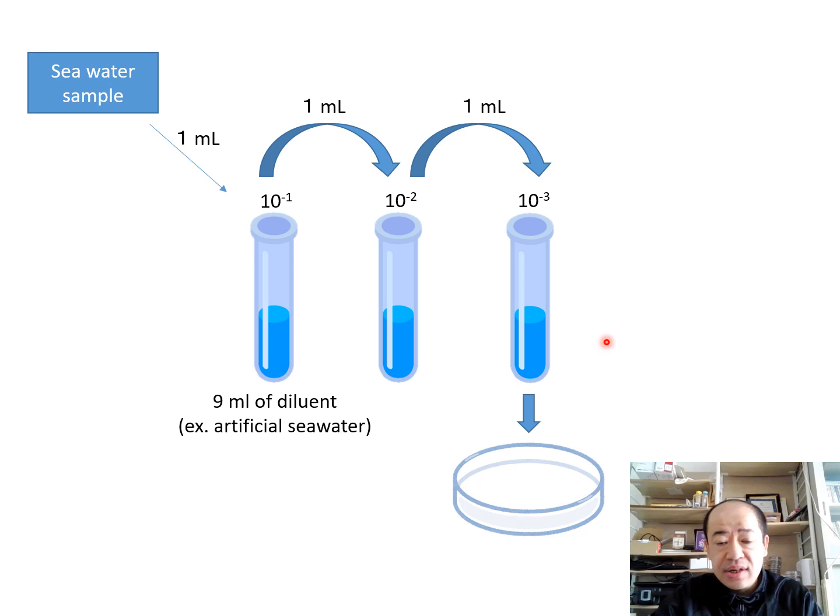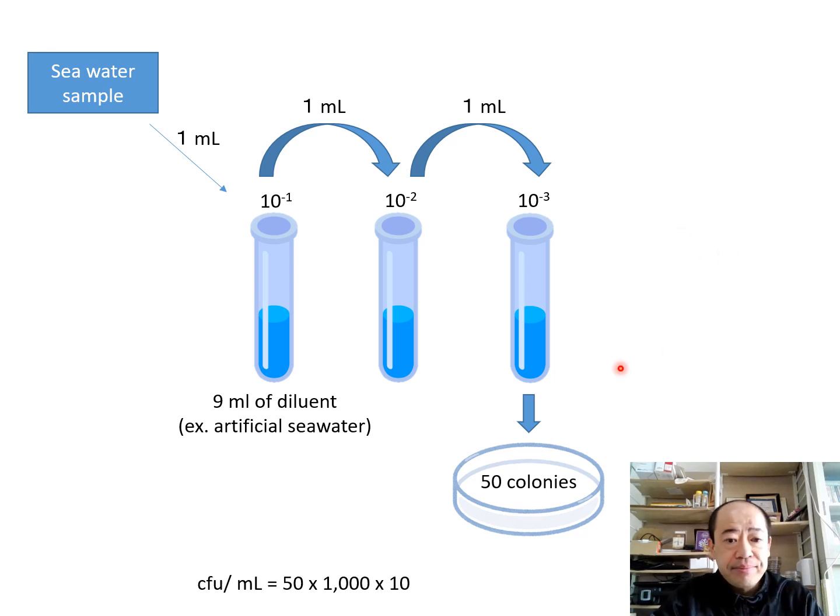After a few days, suppose we get 50 colonies on the surface. Based on this information, let's calculate the bacterial number in the original sample, the seawater. Very simple mathematics.